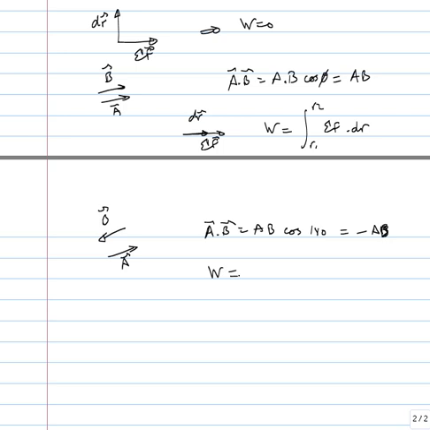Therefore in this case the work will be negative. So in this case, if we have a displacement dr in this direction, but the sum of the forces is in the opposite direction, then the work done is going to be minus dr.